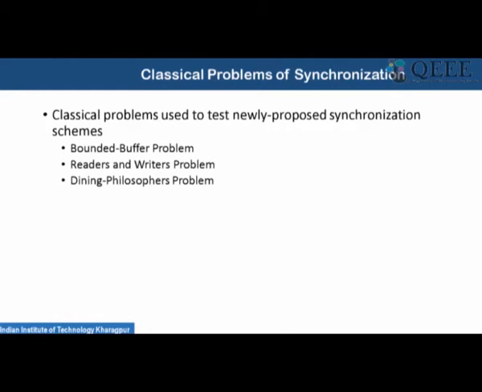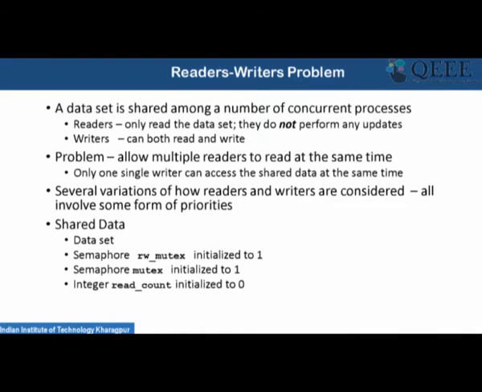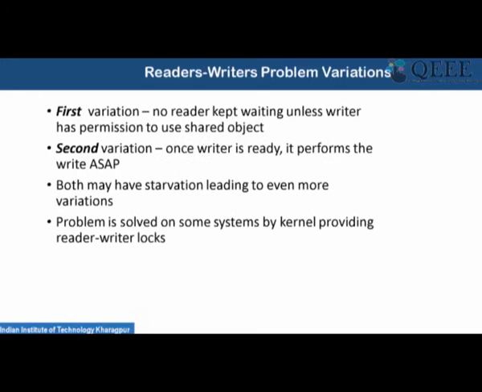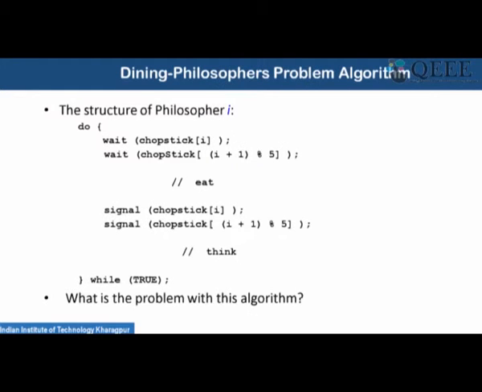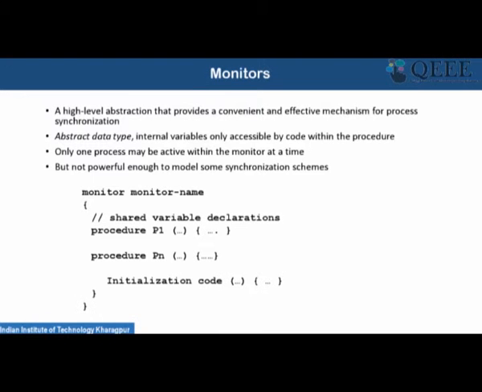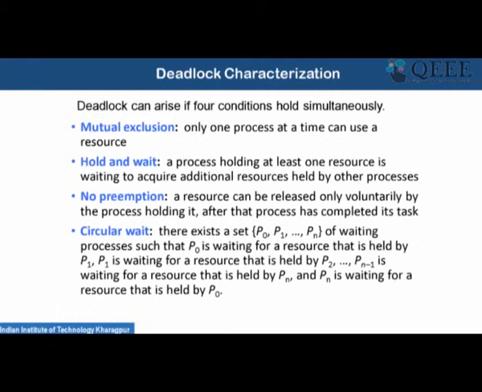In traditional operating system books, you will find different ways of detecting and handling a deadlock. To detect a deadlock, there are multiple methods, like finding out whether one process is waiting for a resource while another process is waiting for a resource which is being accessed by the first process.